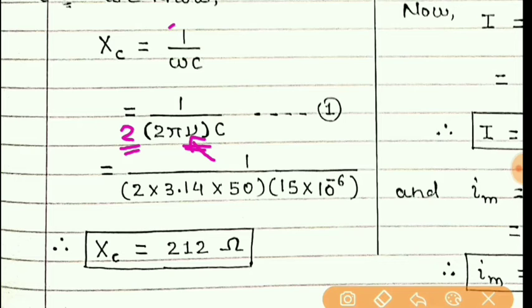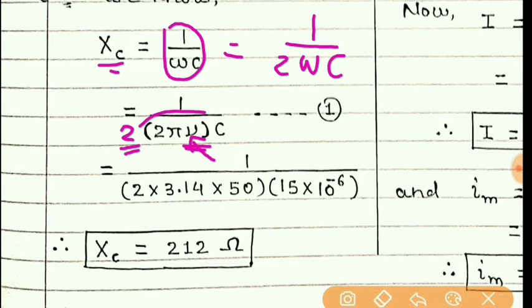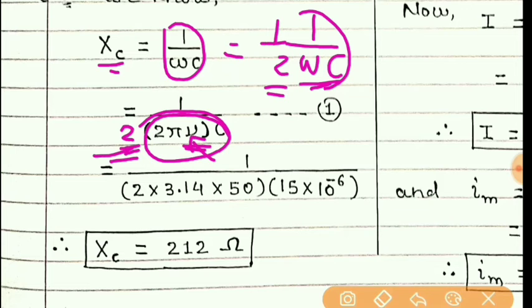So this original value of Xc will become 1 upon twice omega C, because we already know that this is omega C and this 2 is here. So it is half of the earlier value. We can say that the new value of capacitive reactance is half.